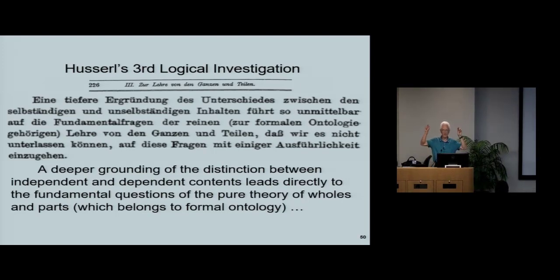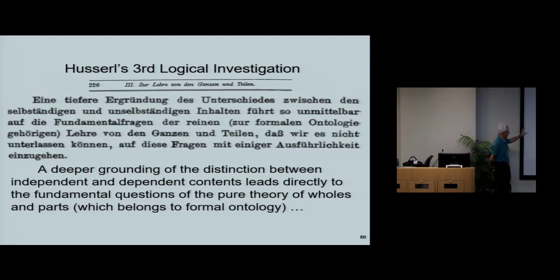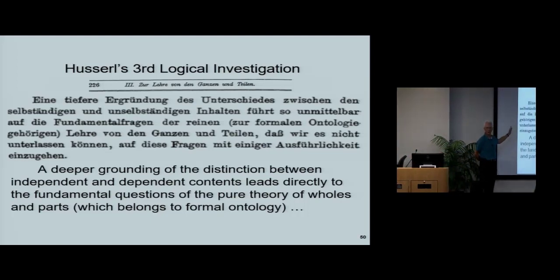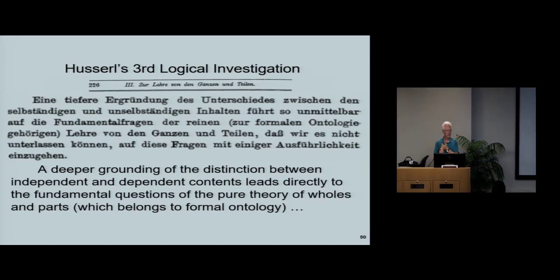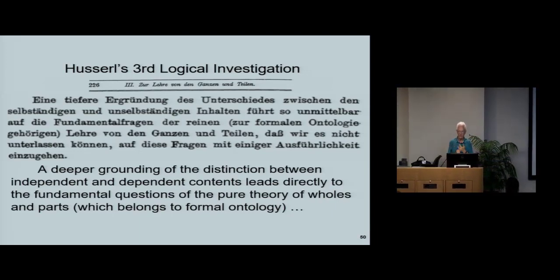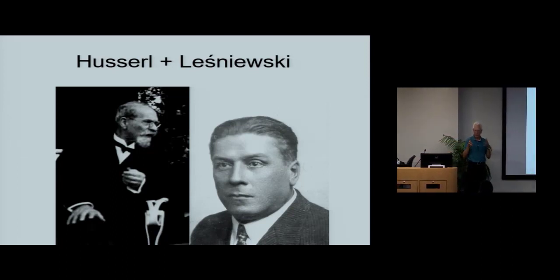Now remember, Basic Formal Ontology also has the term formal ontology. So Basic Formal Ontology grew in no small part out of this text, the third logical investigation, which includes axioms for the part and whole relation, for instance, the axiom of transitivity, that if A is part of B, and B is part of C, then A is part of C. And Husserl's idea was that Lesniewski was the first person who formalized the entire logic of parts and wholes as a formal theory.